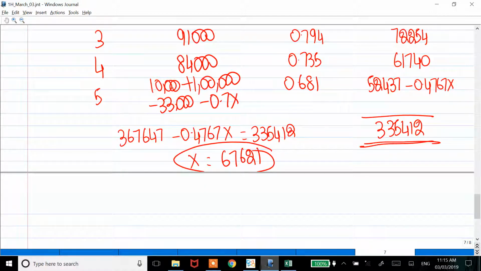Okay, discount rate. 67,621 is the lease rent. Sorry, residual value. Any doubts on this? Can we proceed? Take your time. Let me know if there's a doubt.